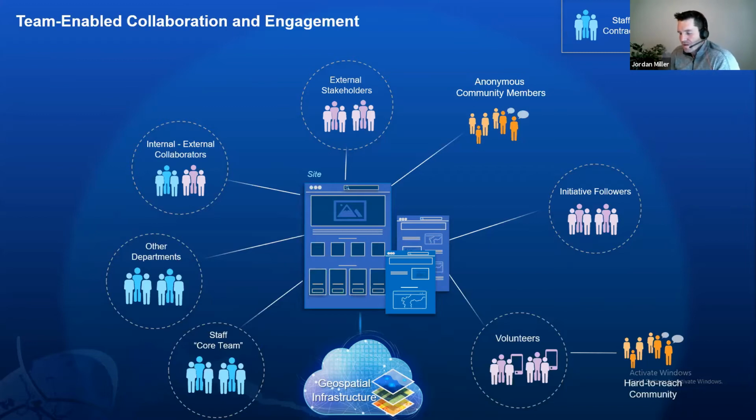But there are also those volunteers, those external stakeholders, those initiative followers, those folks that want to have a stronger role in some of these different things, or take more of an influential approach to their community. We do see a lot of that.